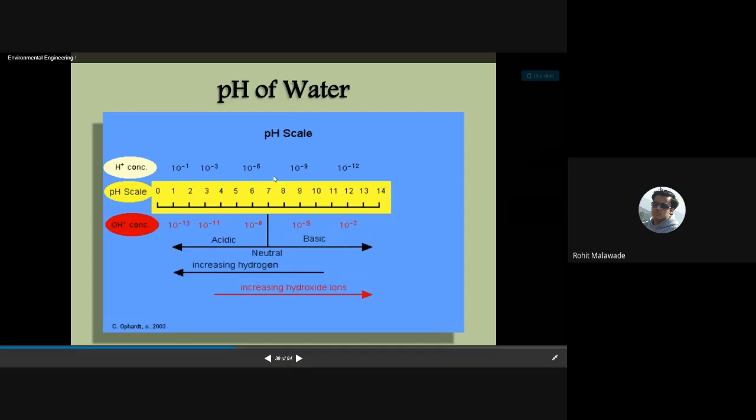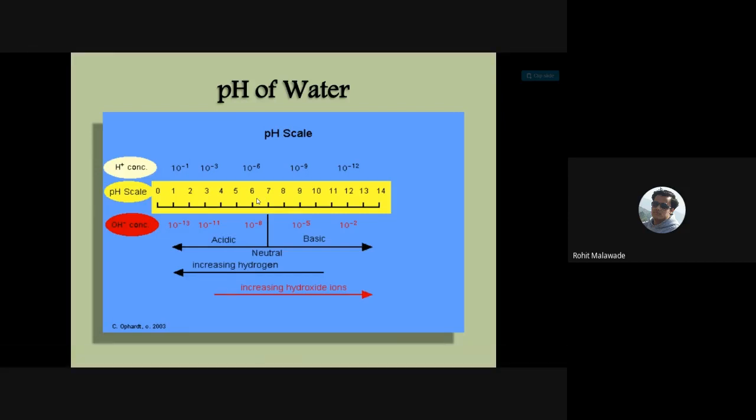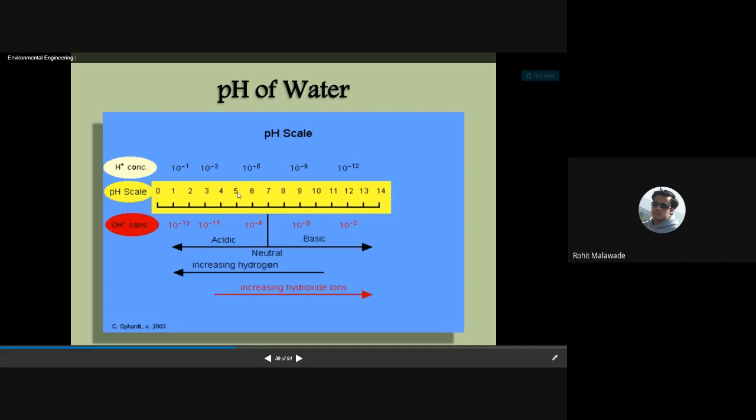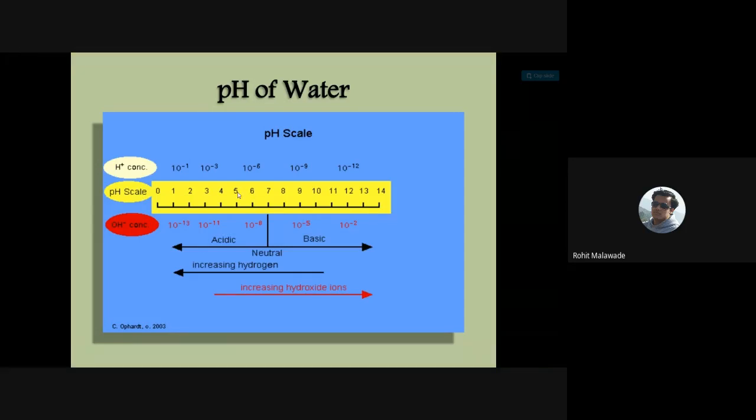Our drinking water should have a pH between 6.5 and 8.5. It should not go below 6.5 or above 8.5. If it exceeds these values, your water will become either sour or bitter in taste, so pH also imparts some taste to the water.